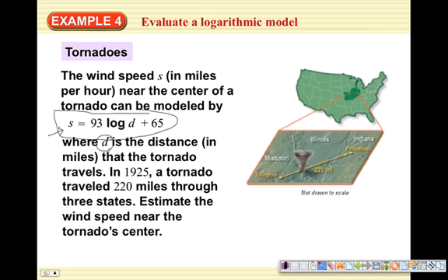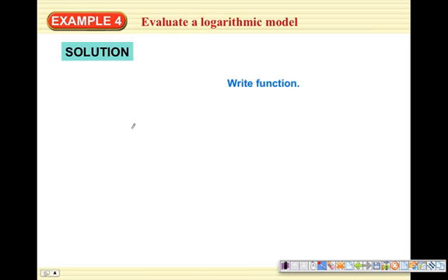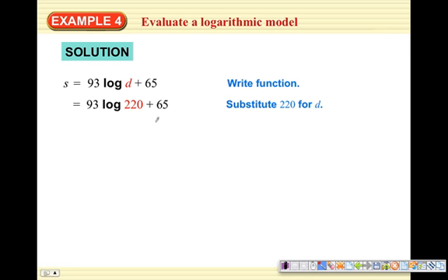D is the distance in miles that the tornado travels. A 1945 tornado traveled 220 miles through 3 states. Estimate the wind speed. So, estimate S. They told you the distance is 220. Just put it in the formula, right? There's actually no work to this. They want you to find S. All you have to do is type this in your calculator: 93 times log, hit the log key, 220, end parenthesis.